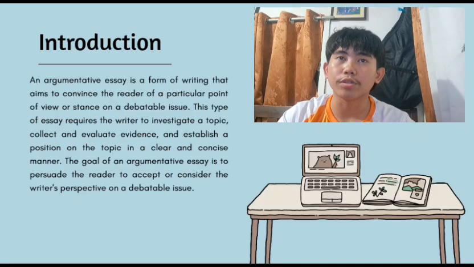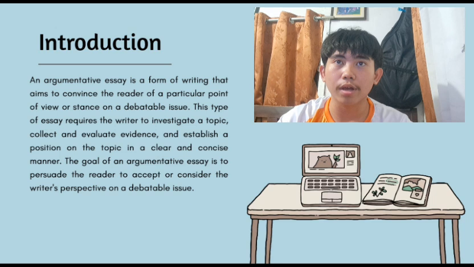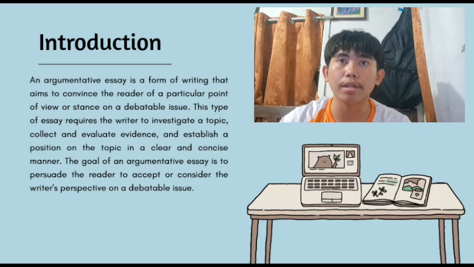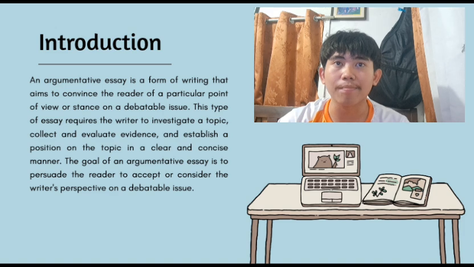Our introduction for today. An argumentative essay is a form of writing that aims to convince the reader of a particular point of view or stance on a debatable issue. This type of essay requires the writer to investigate a topic, collect and evaluate evidence, and establish a position on the topic in a clear and concise manner.